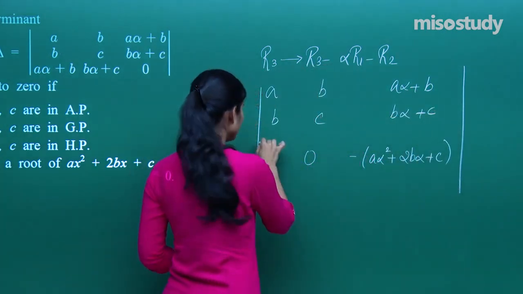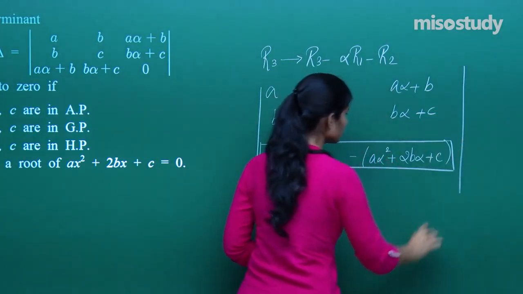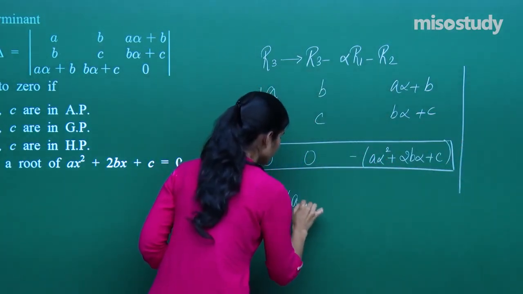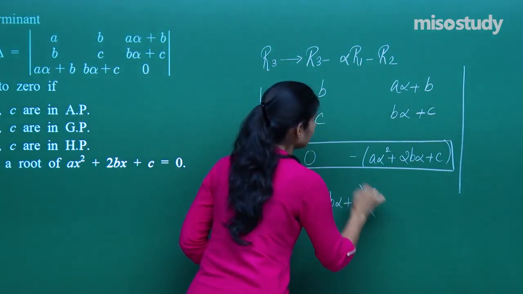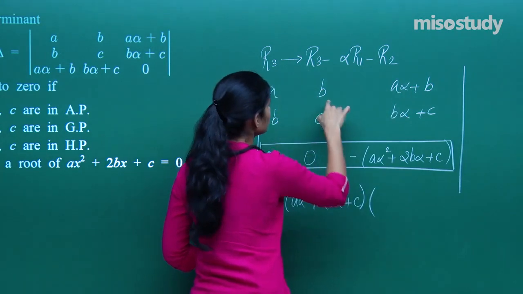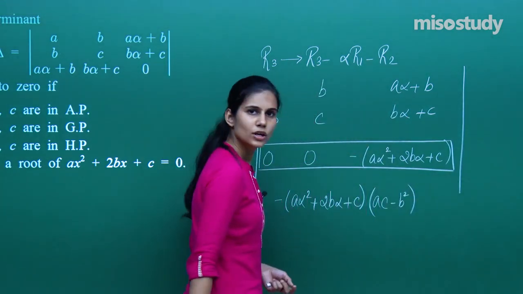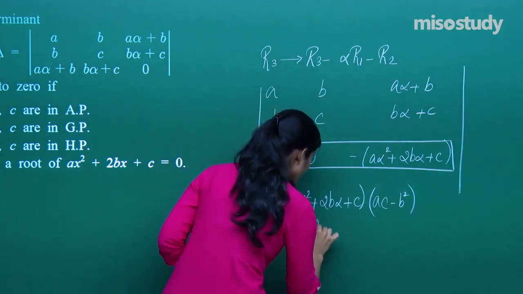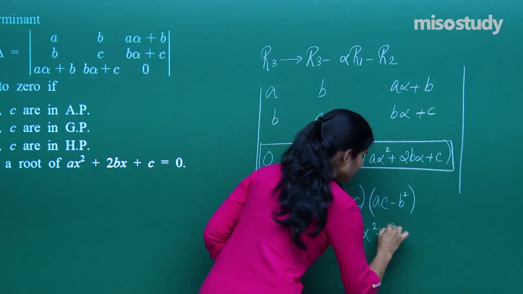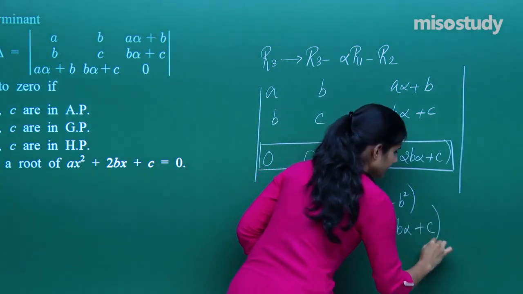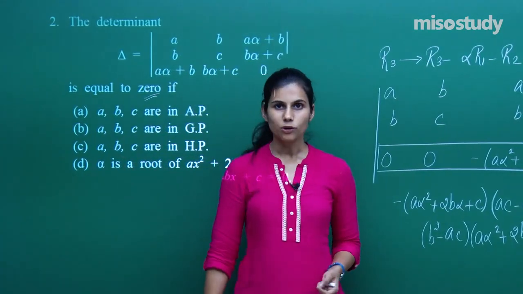Of course, you can expand this along the third row. When you do that, what do you get? You get minus of A alpha square plus 2B alpha plus C times AC into B, AC minus B square. Or you can write this as B square minus AC into A alpha square plus 2B alpha plus C. This is the determinant, and the value of the determinant is given to be 0.